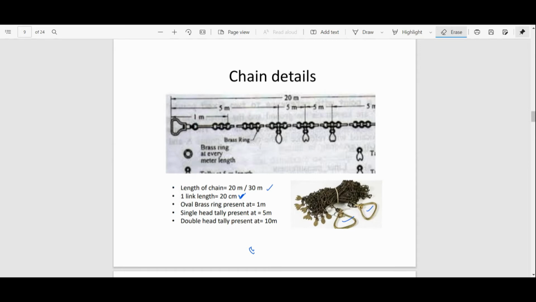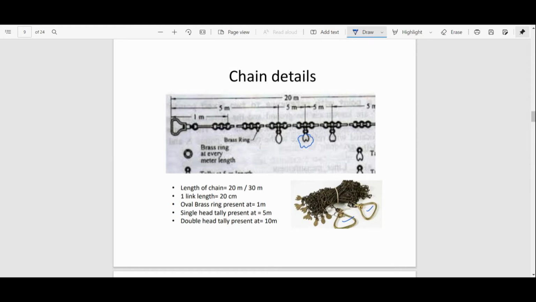How will it be shown whether it is 5 meter or 10 meter? You can see here, this is a brass ring or tally ring, and it has two heads. When this brass ring has two heads, it represents a 10 meter gap.